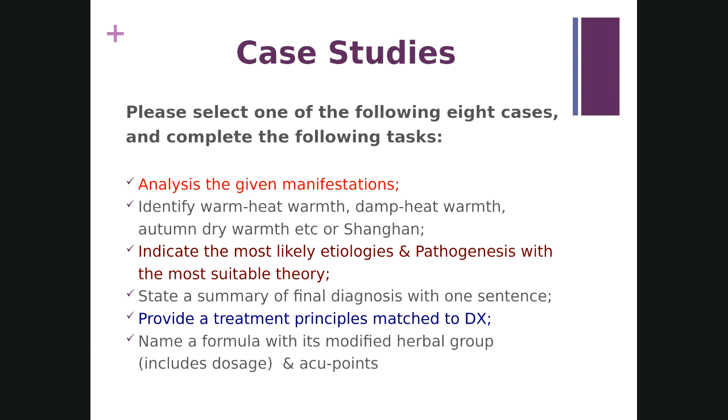Indicate the most likely etiology or pathology with the most suitable theory, and state a summary of the final diagnosis in one sentence. Provide the treatment principle, and name a formula with its main herbal groups. And if acupuncture points are required, do so. If not required, don't worry too much.